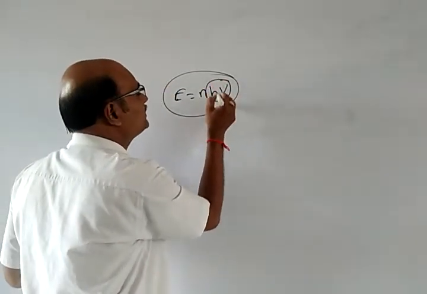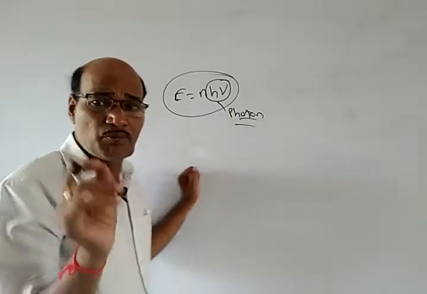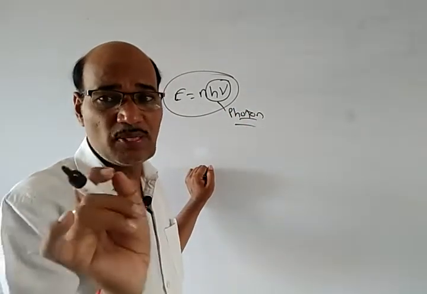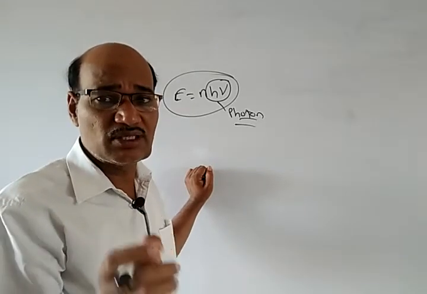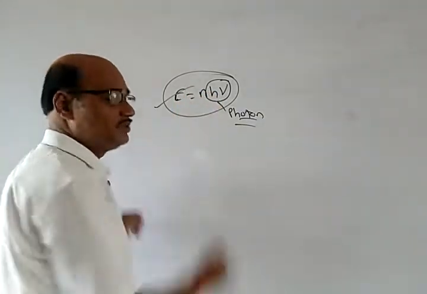Here h nu is the photon. So a photon is a small packet of energy, and that small amount of energy multiplied by an integer is equal to the energy of the radiation.